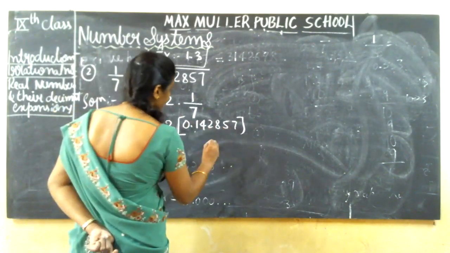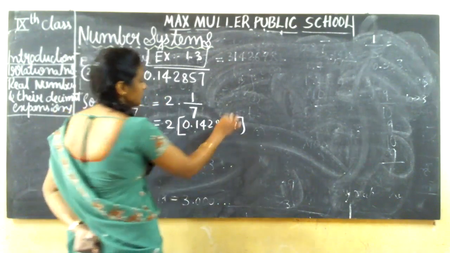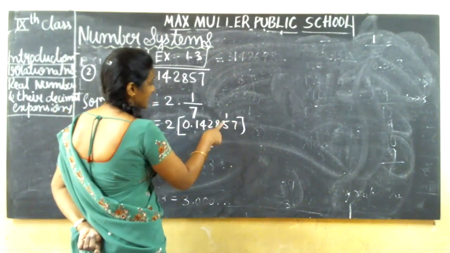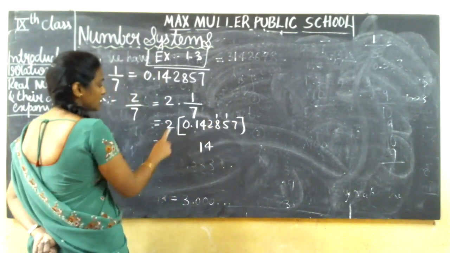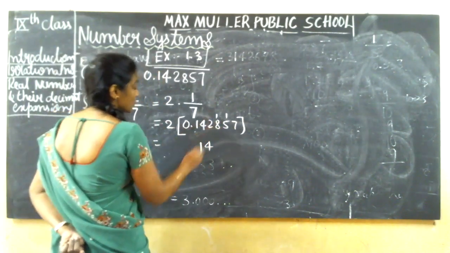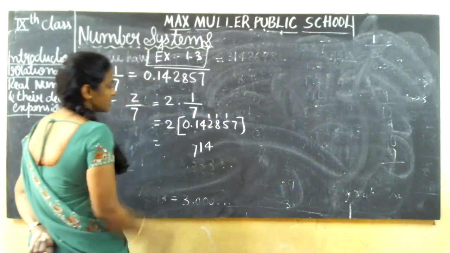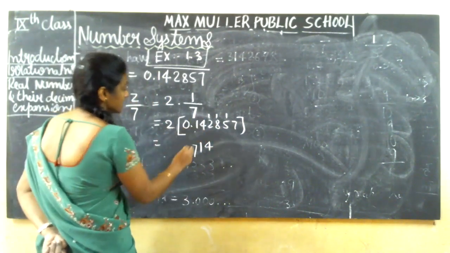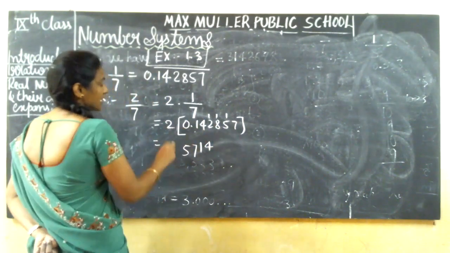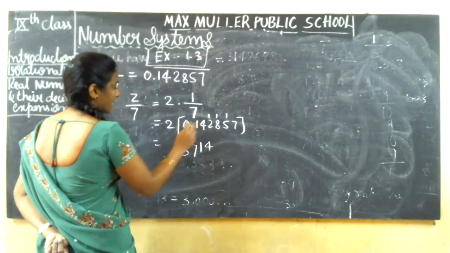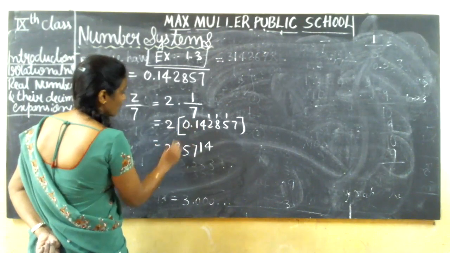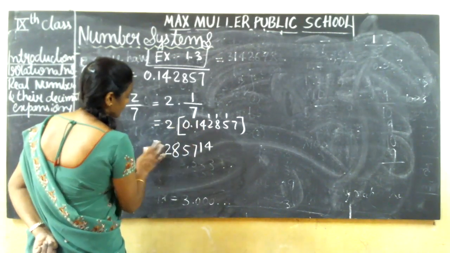2 sevens are 14, and 2 fives are 10. 10 plus 1 is 11, and 1 is carried over. 2 eights are 16, 16 plus 1 is 17. 2 twos are 4, 4 plus 1 is 5. Next, 2 fours are 8, 2 ones are 2, 2 zeros are 0.